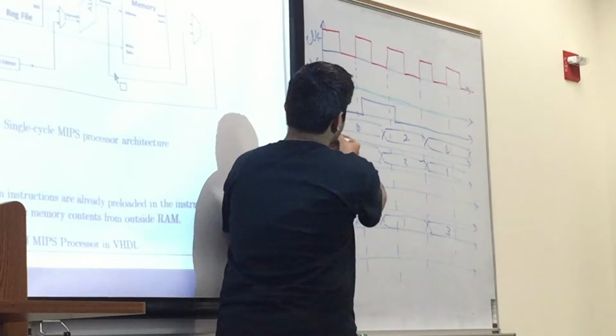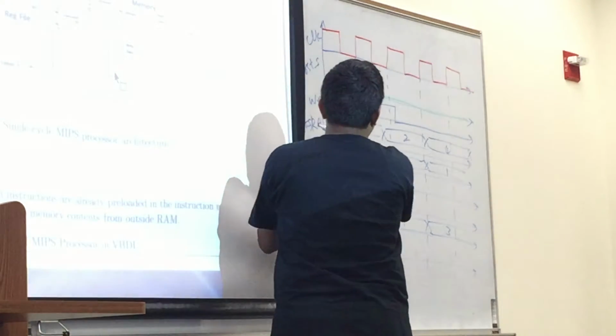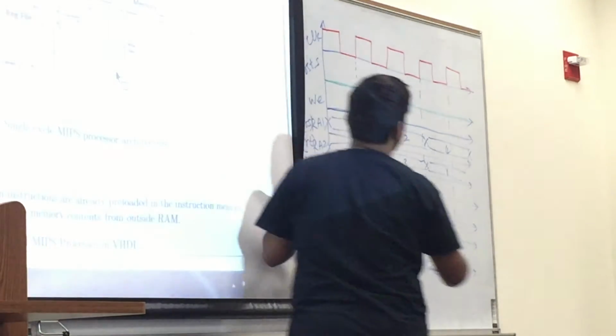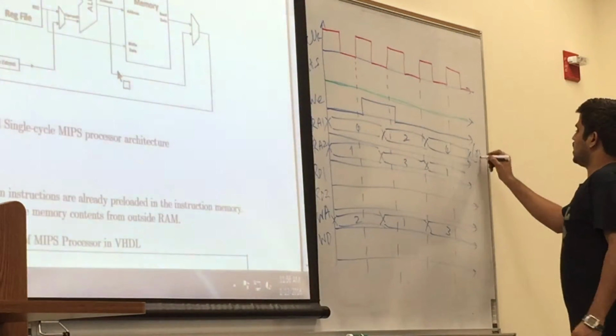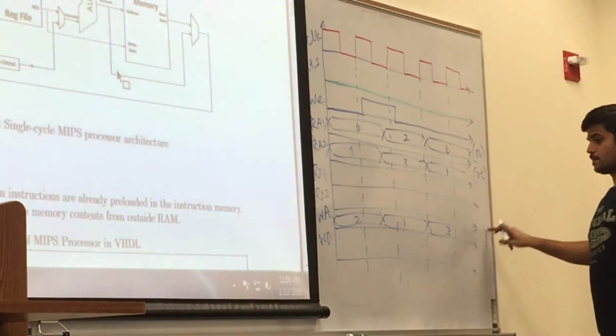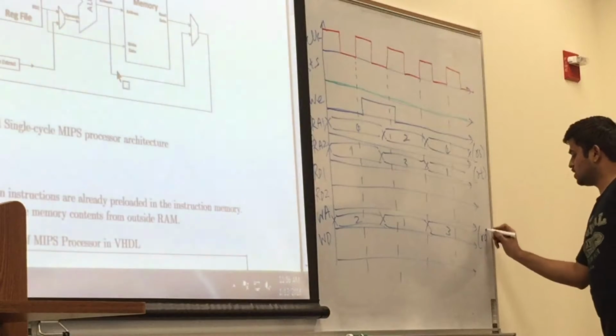I think now it makes more sense. Read address 1 is RS, this is RT, and the write address is RD.